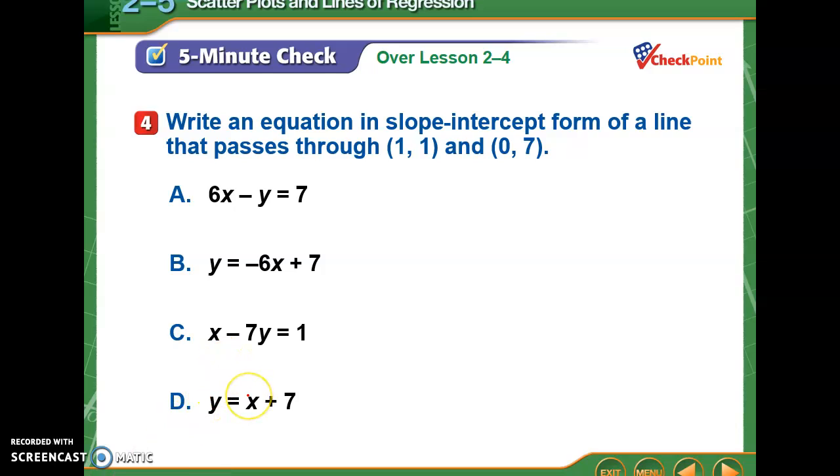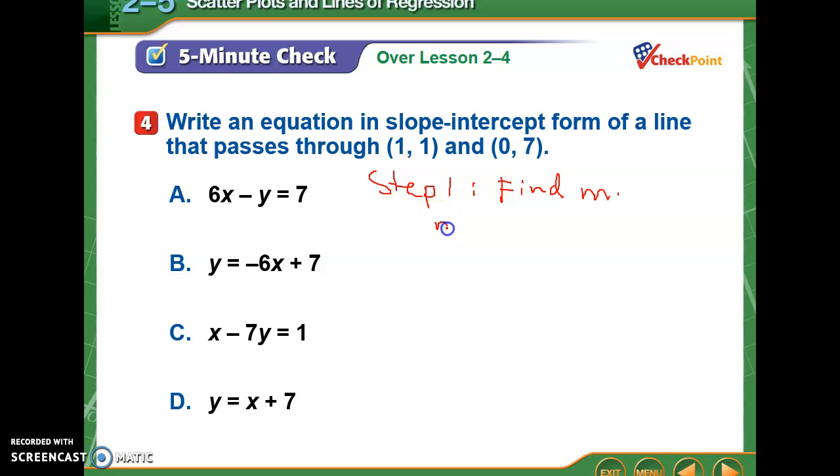Okay, how about this one? Wherein the 2 points are given. So this time, your slope is not given. So what will you do first? Okay, so that's correct. You're going to find the slope. So step 1, find the slope, which is your m.